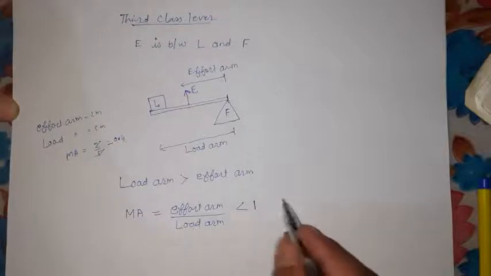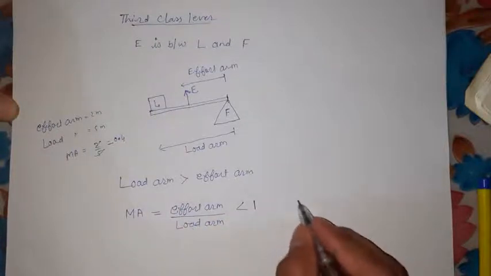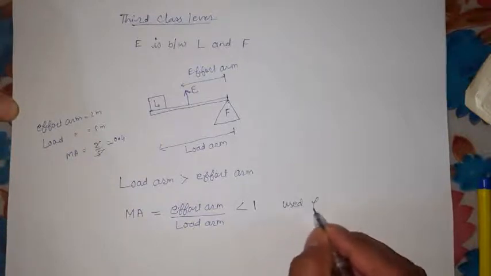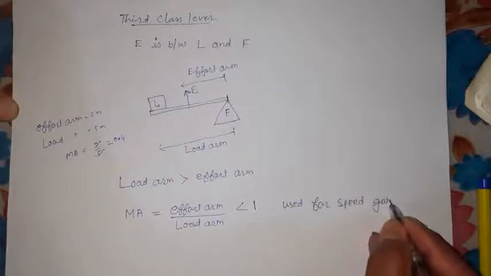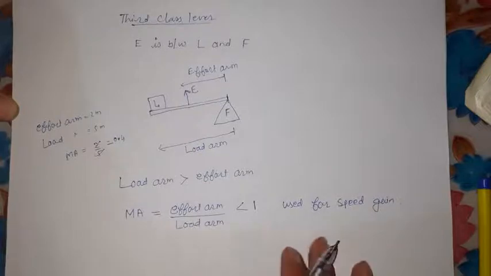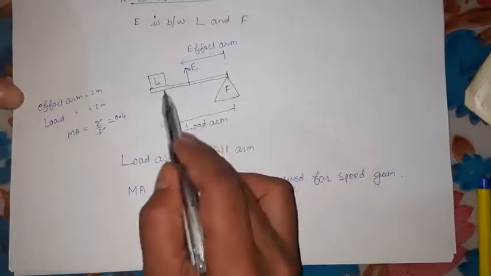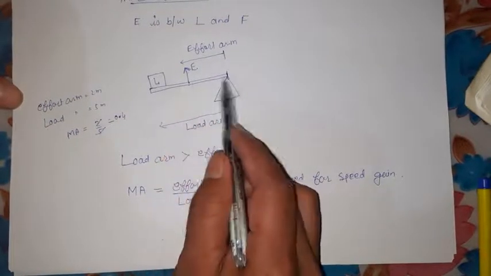Then for what purpose do we use such a lever? This is used for speed gain, or gain in speed. You will find, student, that however you change the position of the effort, it will remain between the load and the fulcrum.